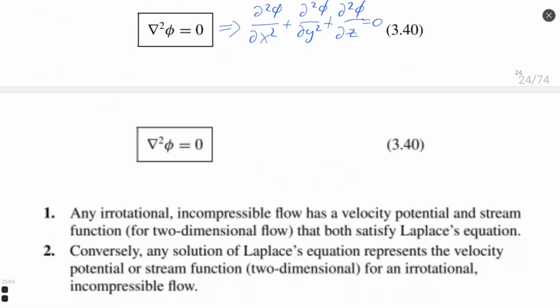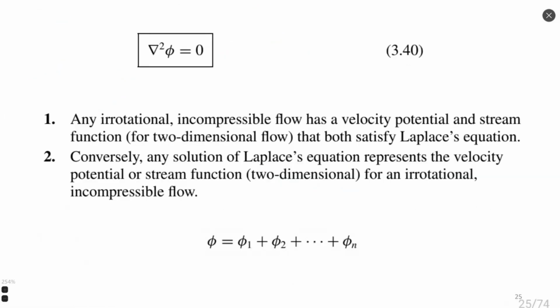Why actually the Laplace equation? Why are we transforming our velocity divergence equation into the Laplace equation? What is the advantage? The advantage is that the Laplace equation has a property which we need to solve complex tasks.